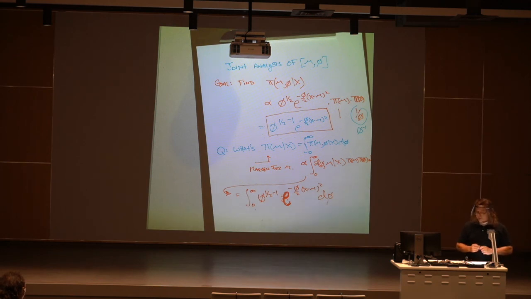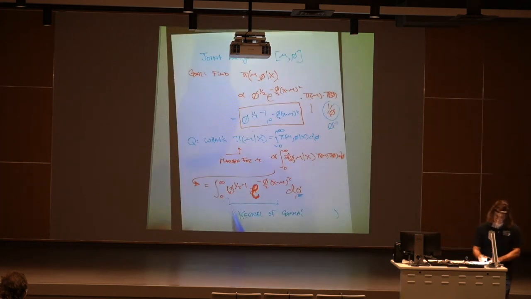I'm going to do it extremely differently. So I know that this is a kernel. I'm integrating over phi, so I'm operating on phi. This right here is the kernel of a gamma. And I can even recognize which gamma it is. So how do I recognize it? I look right there. This minus 1 is always there in a gamma distribution.